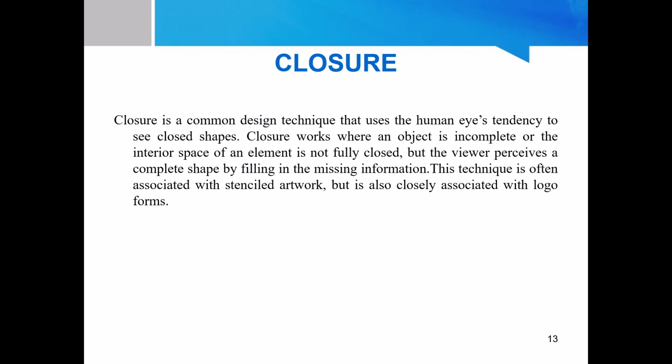Next is closure. Closure is a common design technique that uses the human eye's tendency to see closed shapes. Closure works where an object is incomplete or the interior space of an element is not fully closed, but the viewer perceives a complete shape by filling in the missing information. This technique is often associated with stenciled artwork, but is also closely associated with logo forms. Closure is commonly used in logos and posters.